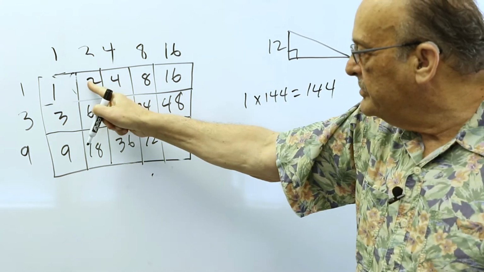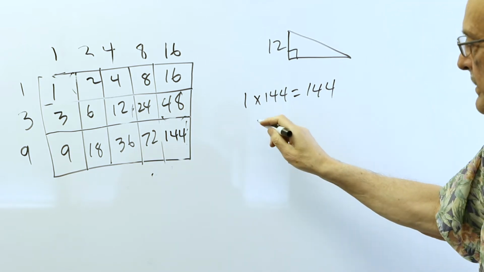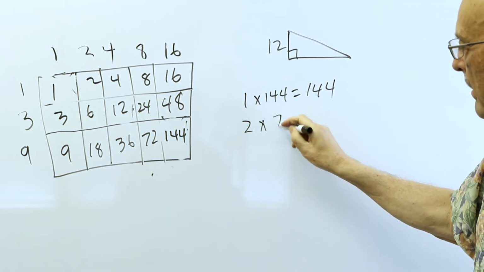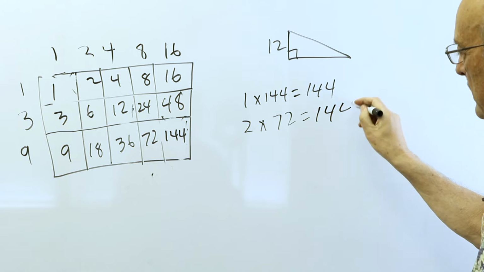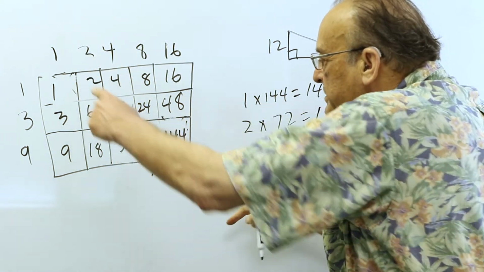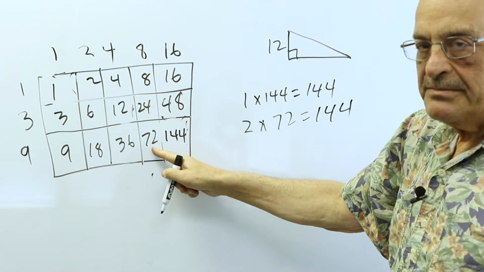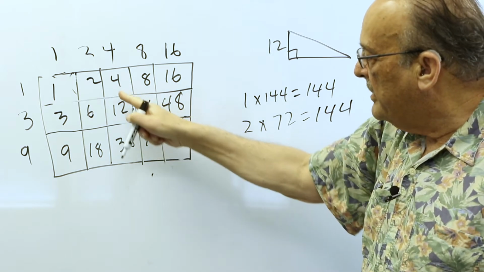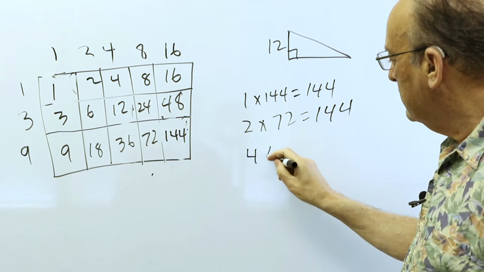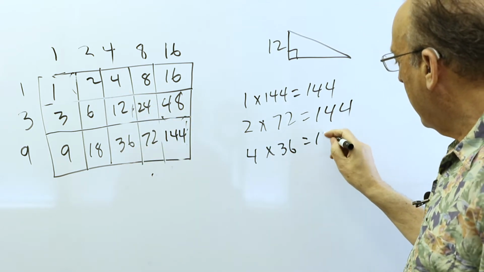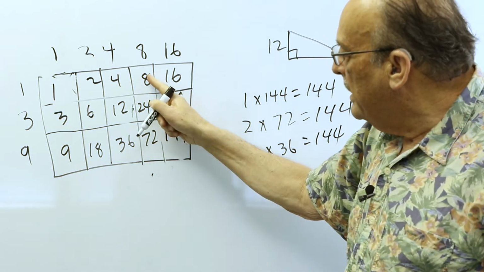And if we times 2 times 72, we also get 144. So again, when we do the 180-degree rotation, 2 and 72 trade places. And then 4 times 36. And then 8 times 18.